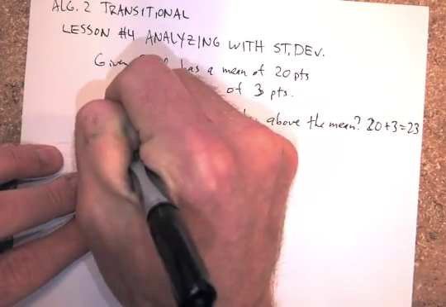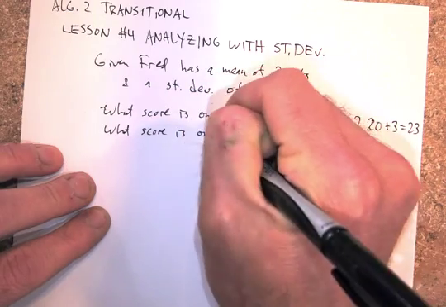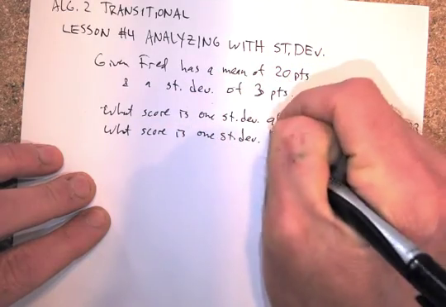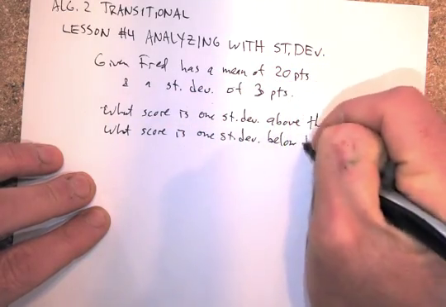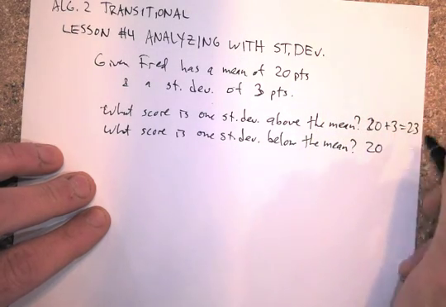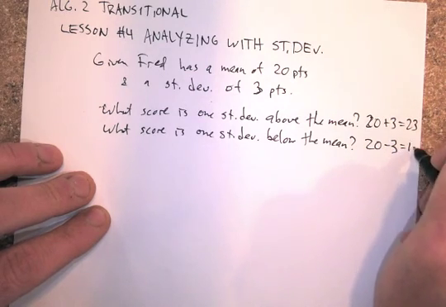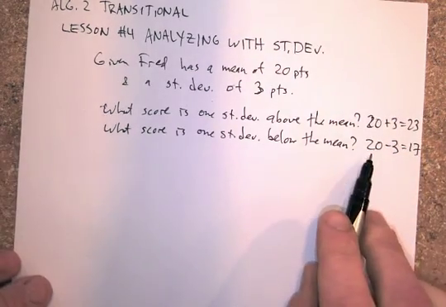Okay, that's easy. Another question, what score is 1 standard deviation below the mean? All right, that's easy too. So we take our mean and we say, hey, it's 1 standard deviation below, so I'm going to subtract it. So 17, that's 1 standard deviation below 20.